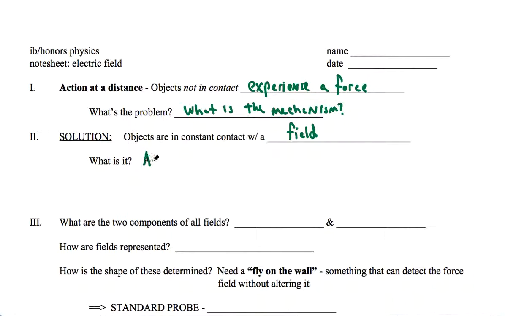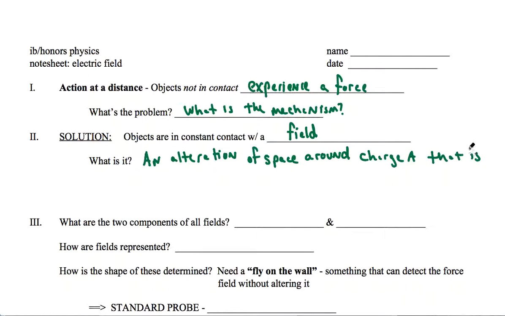It's really described as an alteration of space around charge A, that is the agent, in other words, the thing that's causing the force, that exerts a force on charge B.